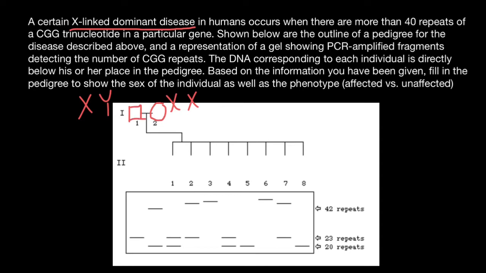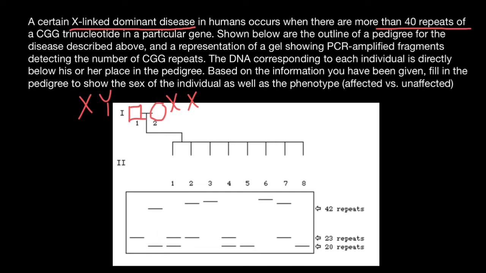Would they be affected or not? Take a look. This band is about 23 repeats. And we know that this genetic disorder manifests itself if there are greater than 40 repeats per allele. That means that this male is phenotypically normal. What about this female?